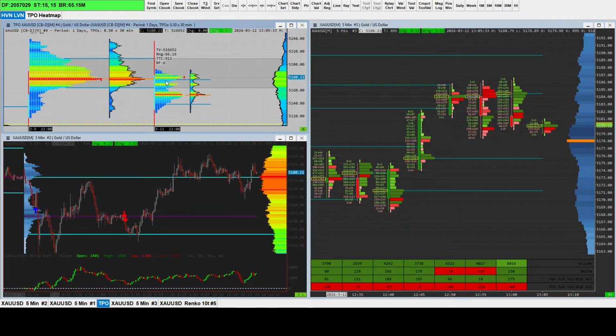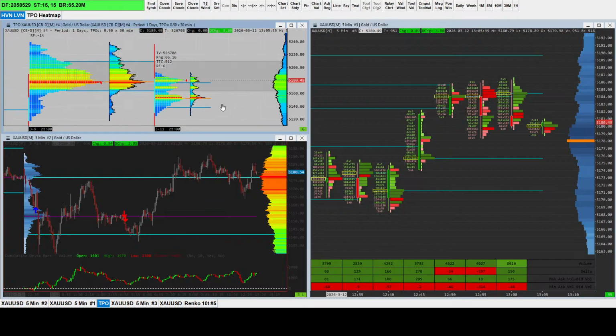Okay, because we know from auction market theory, if we do break inside of a value and we get accepted, then there's an 80% chance for the market to visit the other side of the value, which is this. Okay, now looking at the cumulative delta, we can see there are some divergences.